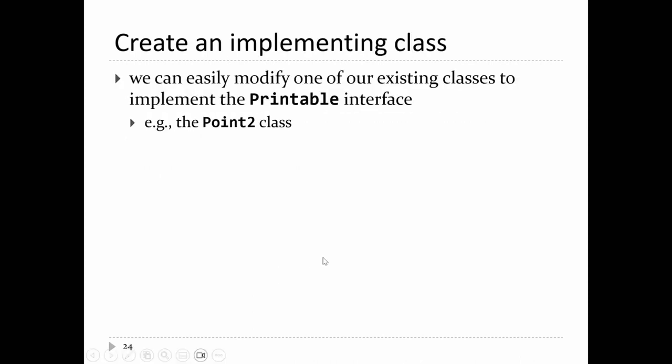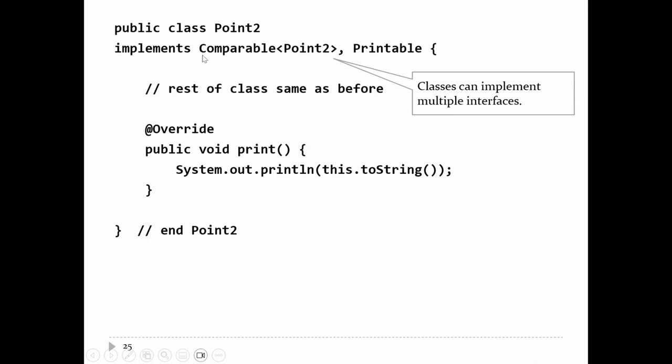and now you can take any one of the classes you've implemented so far and say that they implement the printable interface. So for point 2, you can modify the class so that it now implements printable. So point 2 implements comparable, and now it also implements printable. If your class implements more than one interface, you just separate the interface names with a comma.